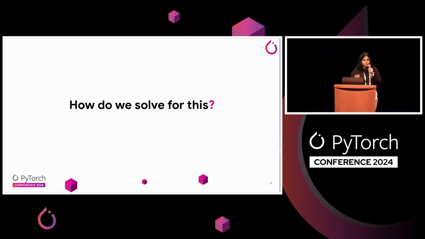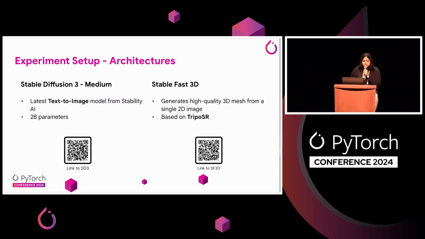So how do we solve for this? Before we get into that, this is the setup that we did for our benchmarking, the architectures that we used. The two models that we used were Stable Diffusion 3 and Stable Fast 3D. Stable Diffusion 3 is a model that converts a text to image, and it's by Stability AI.